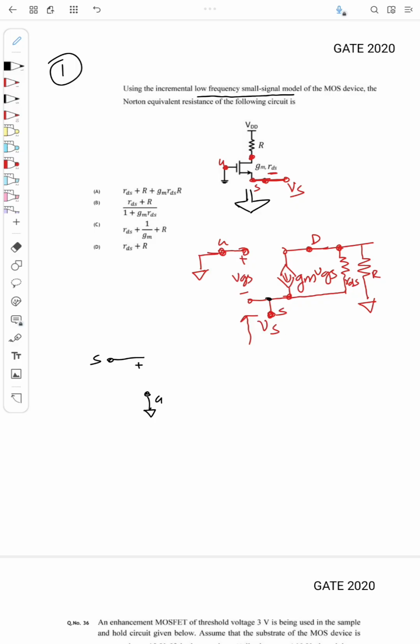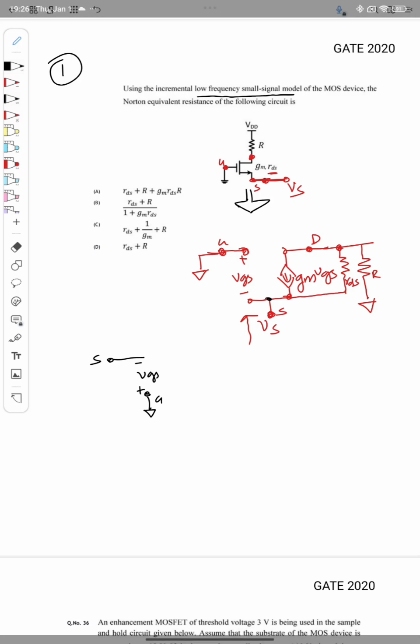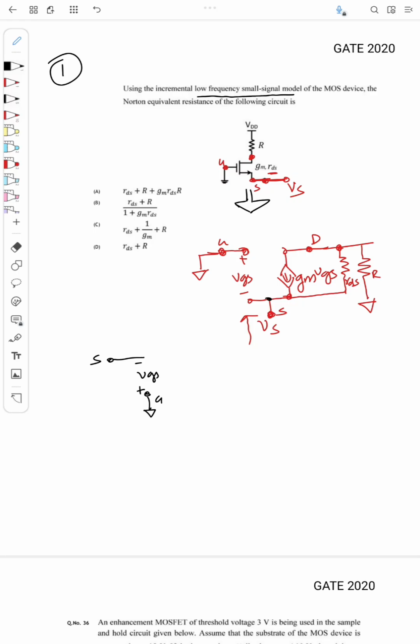The plus and minus of VGS are marked above. From the source, there is a dependent source like this, gm VGS. And across this there is one resistance, that is RDS, and from this node there is a resistance R.